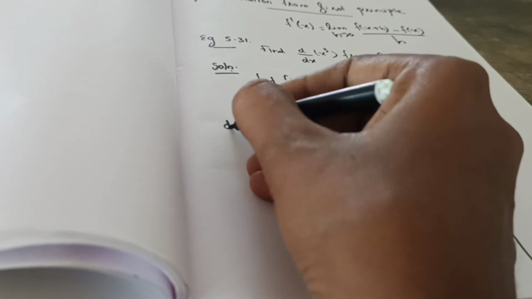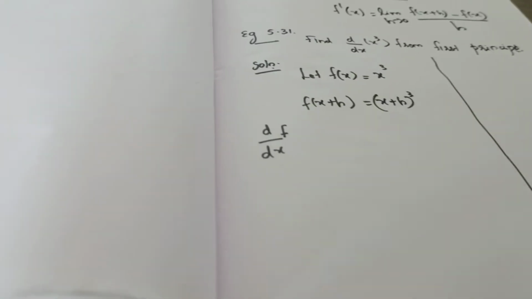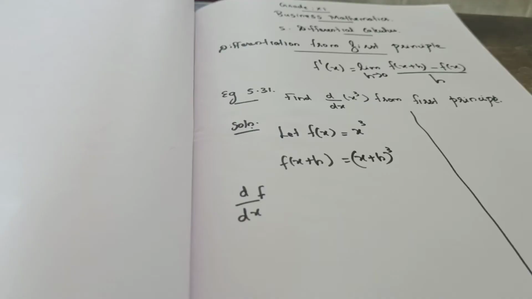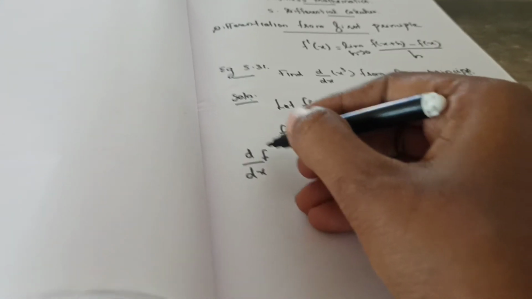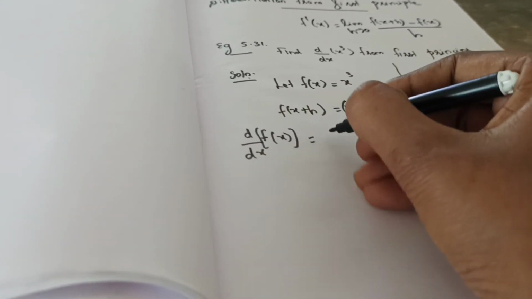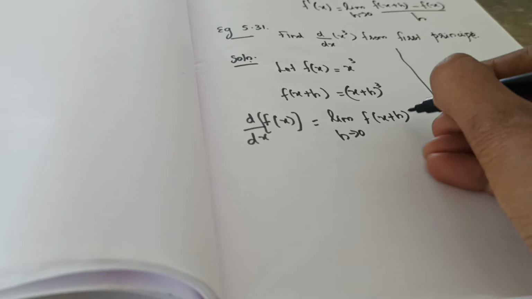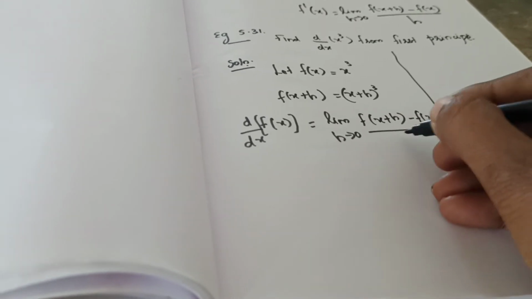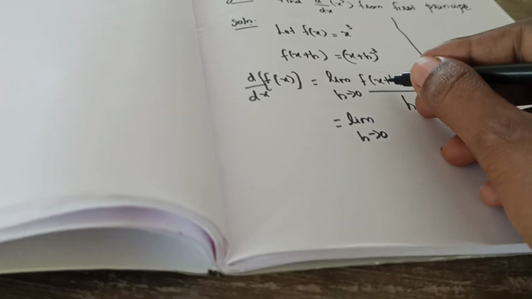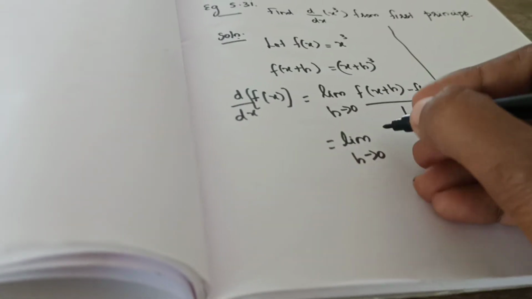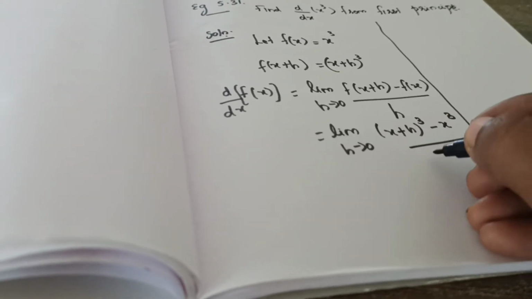Okay, so what's the formula? d by dx of f of x is equal to limit h tends to 0 f of x plus h minus f of x divided by h. Okay, so that is limit h tends to 0 f of x plus h. What is f of x plus h? x plus h the whole cube minus x cube divided by h.